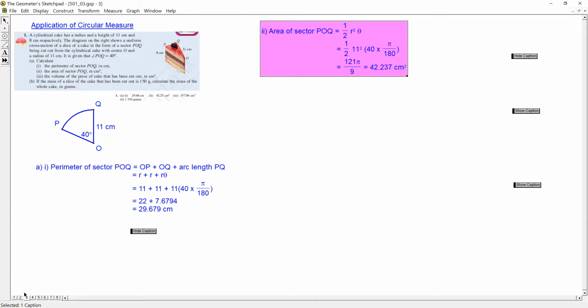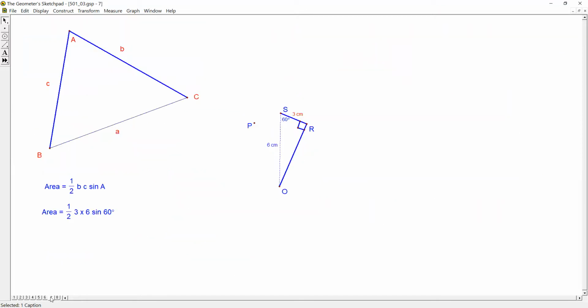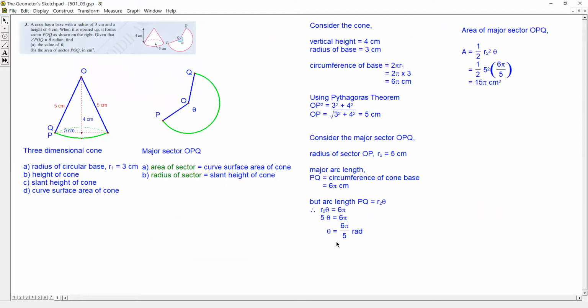Whereas in the previous case, here, very nice, 15 pi. If I multiply out into a decimal, then the number is not nice. The 15 pi is very nice. Here, 6 pi over 5. They are very nice fractions or whole numbers, so I want to keep them in this form.